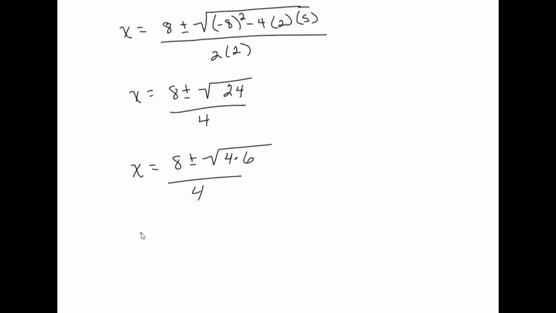And then the square root of 4 is 2. And then what I'm going to do is to simplify by dividing the 8, the 2, and the 4 by the greatest common factor, which is 2. So I have 4 plus or minus the square root of 6 divided by 2.